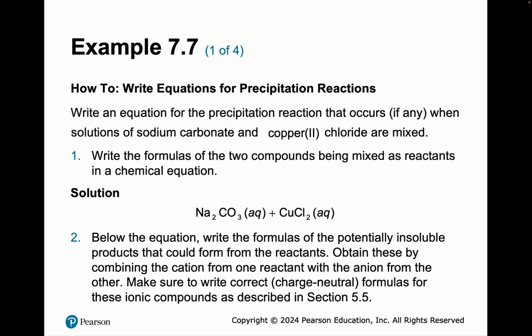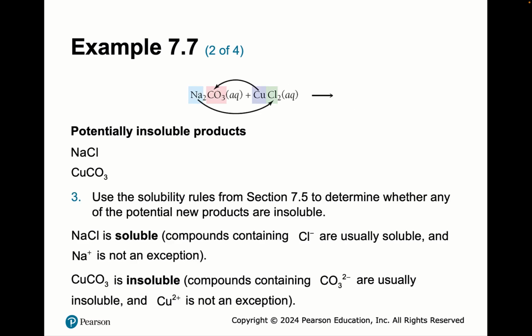So how do you write equations for precipitation reactions? You've got to figure out what is precipitating first. So we have sodium carbonate here reacting with copper chloride. I have to look to see what's going to be soluble and insoluble. It's going to be a double exchange reaction.